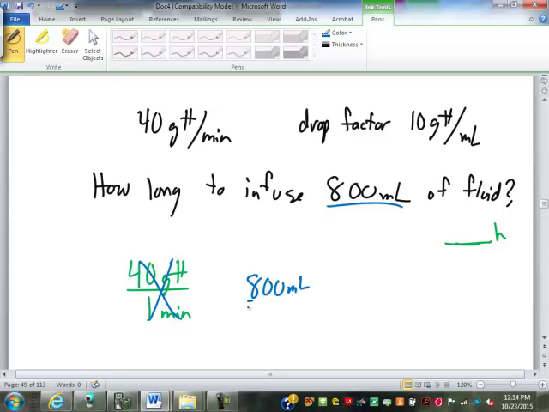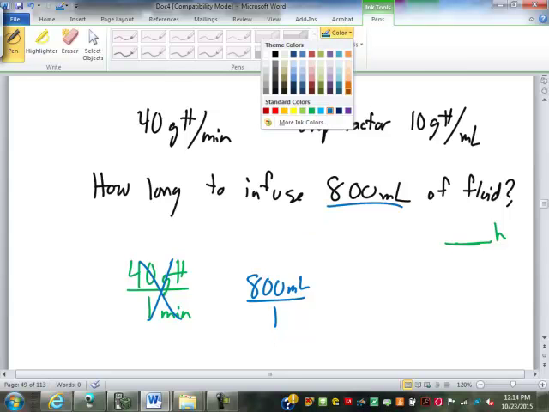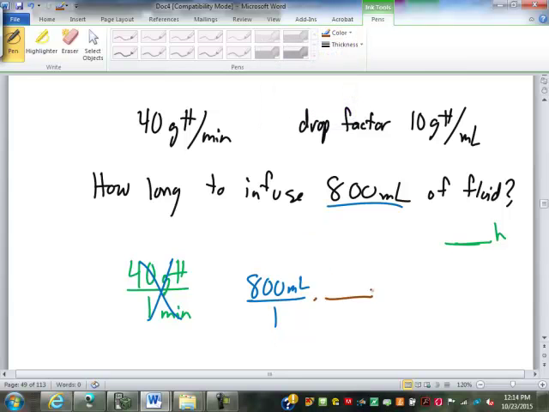800 milliliters. Put that over 1. First thing I can do is use my drop factor to get rid of milliliters. 10 drops per milliliter is going to tell us that this is 8,000 drops.